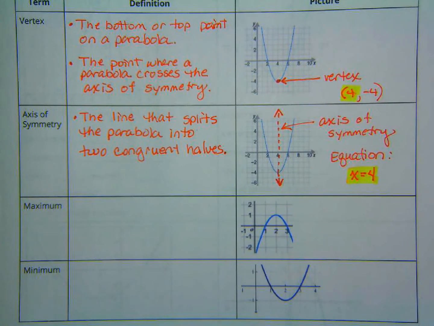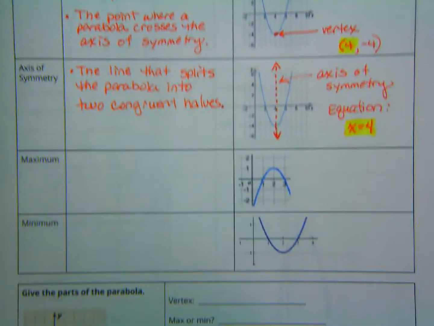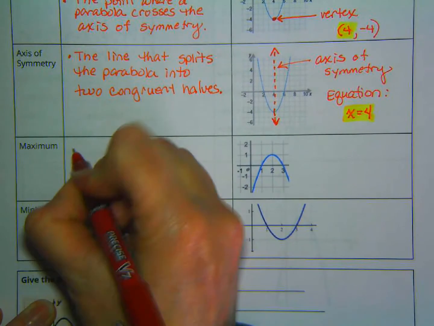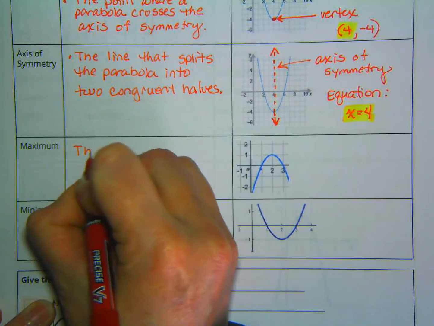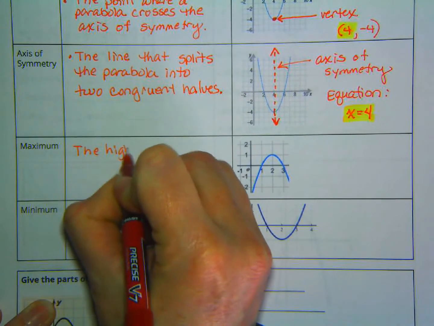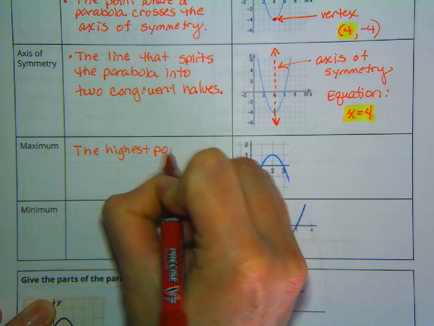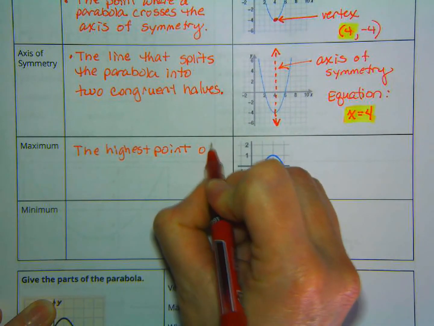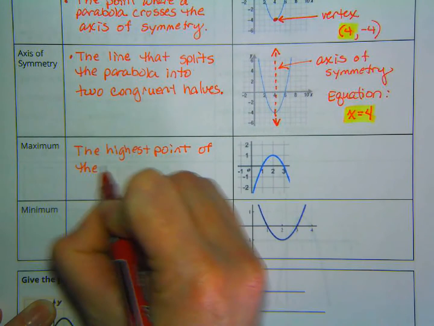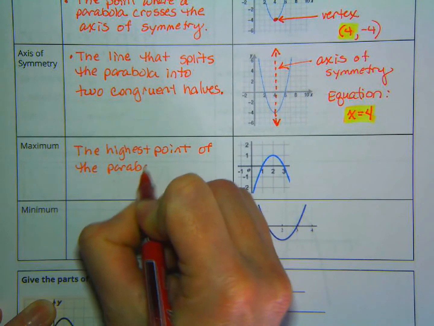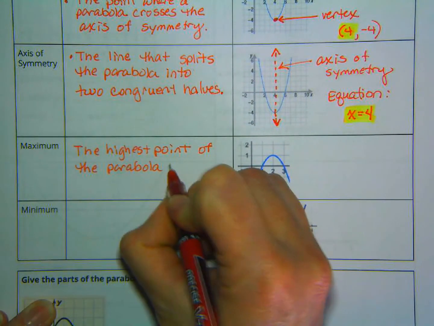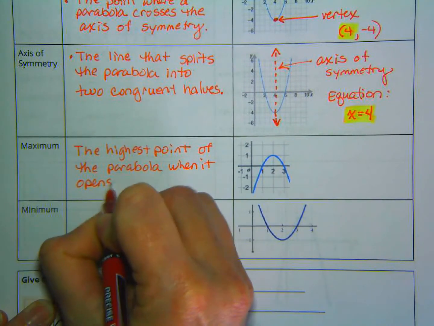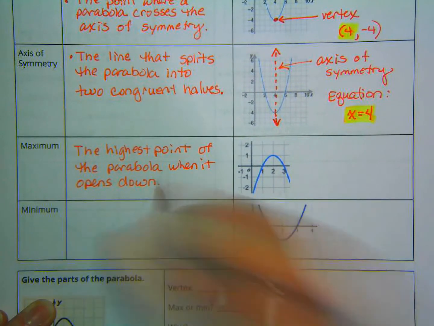Okay, last two parts of the vocabulary piece: the maximum and the minimum. The maximum is the highest point of the parabola when it opens down.